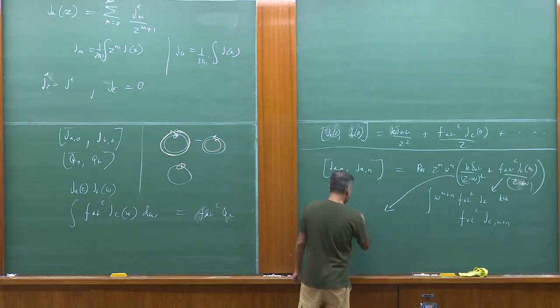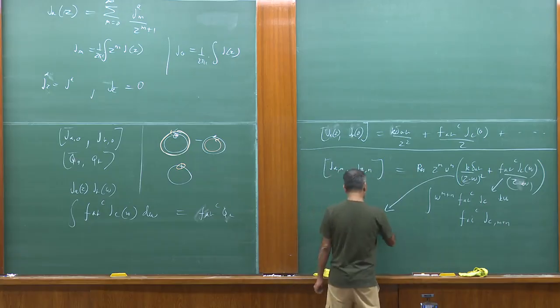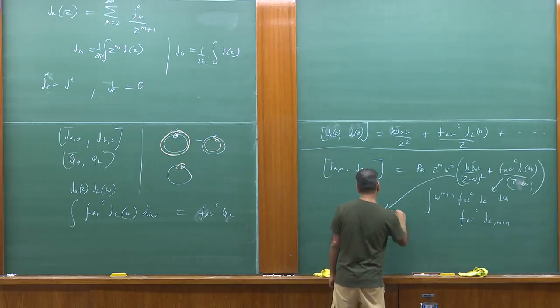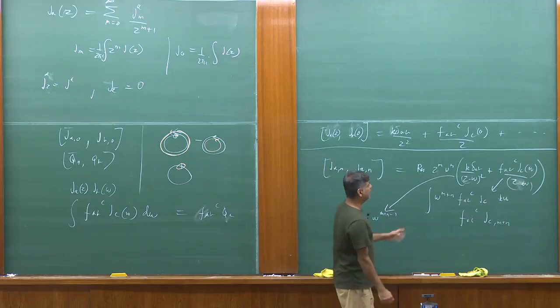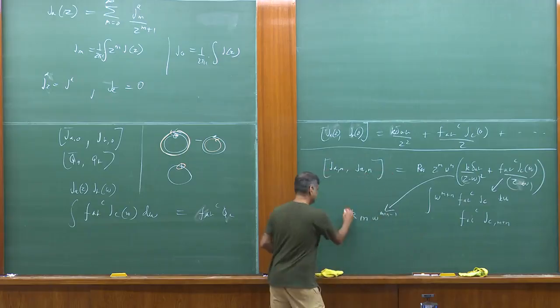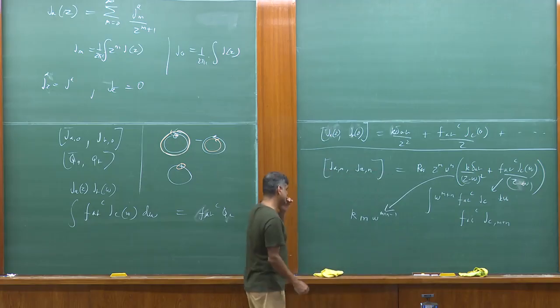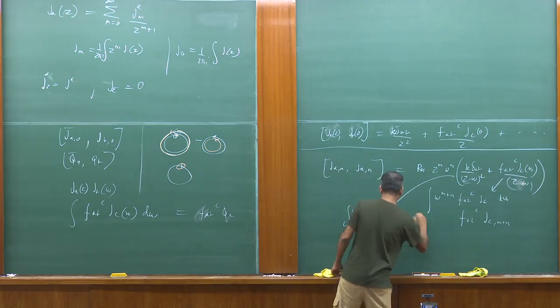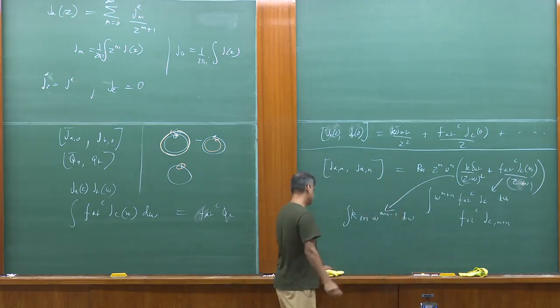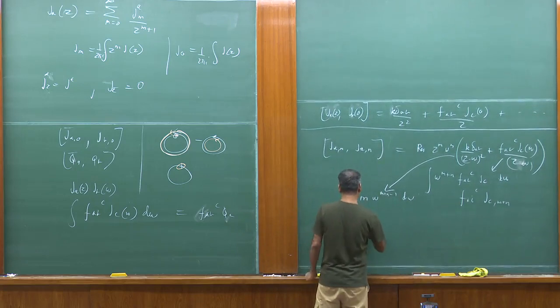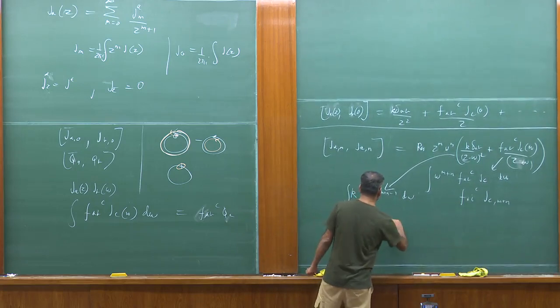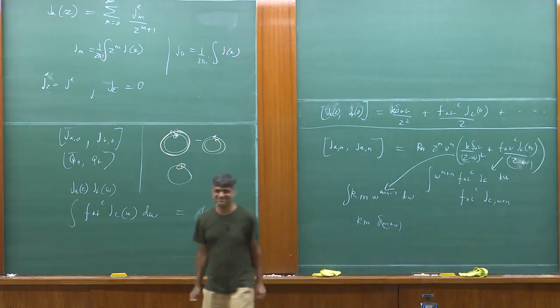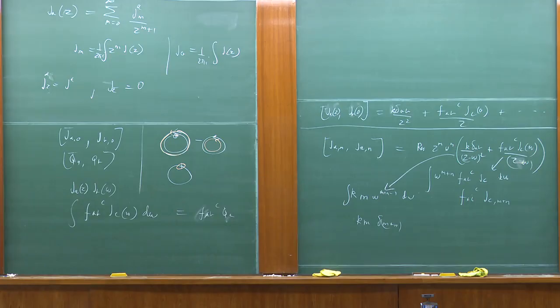So we get k, then m, then w to the power m plus n minus 1, and then no J, integrated over w. But this is simply equal to k times m times delta_{m+n,0}. I'm not keeping track of the 2 pi i's, but it's trivial to do so.